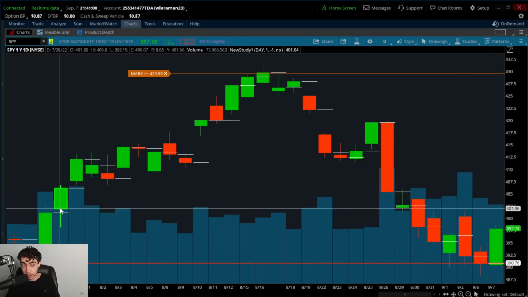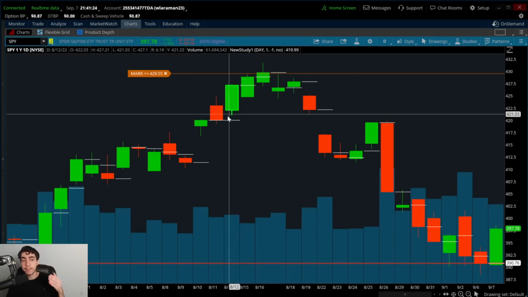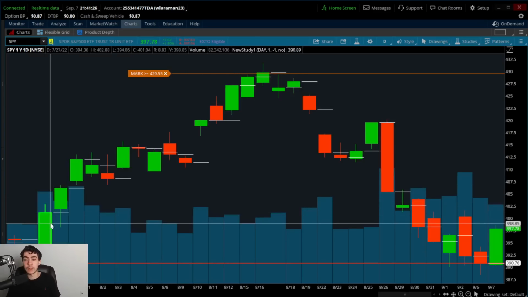At some point, this went red on the day. It looks like it opened up on this day at 401.89, and it went to a low of 398, and then it ended up skyrocketing to 407, and it just continued to run up. Based off of how this chart looks, overall, this looks bullish.